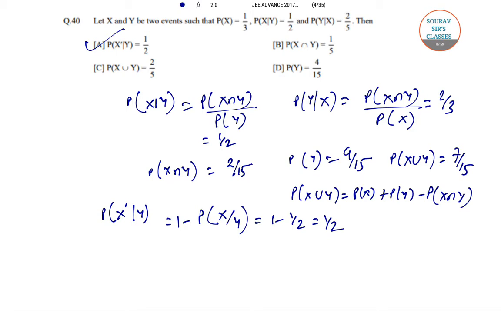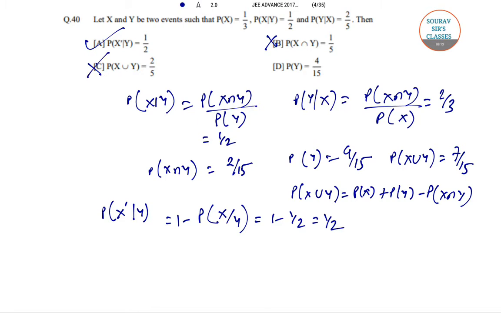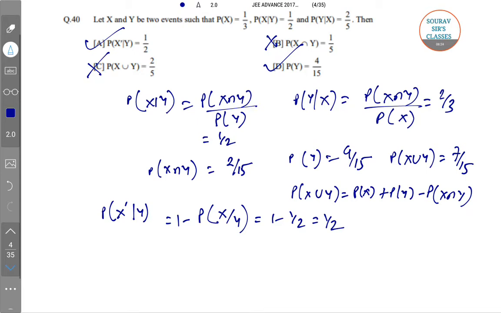P(X intersection Y) is given as 1/5, but the actual answer is 2/15, so this is not the correct answer. P(X union Y) is coming as 7/15, so this is also not correct. And the last one, P(Y) is 4/15, coming from the calculation, so that is correct. So A and D are the correct answers in this case.